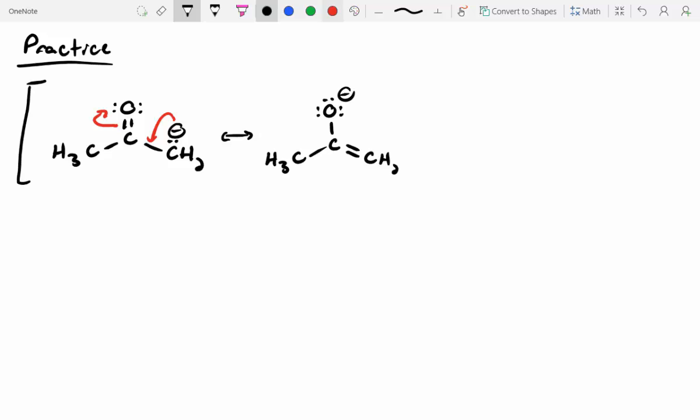And then, hypothetically, I could say, well, let's move this pi bond up to that hydrogen. Would that oxygen actually be carrying a partial negative charge just as a full octet?